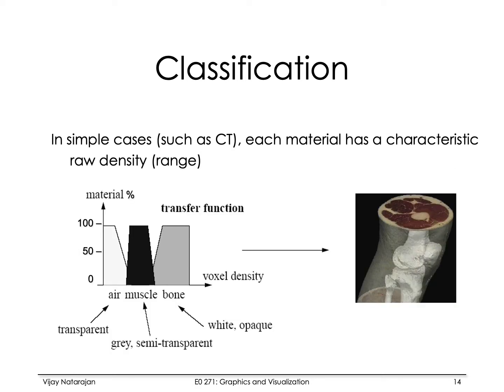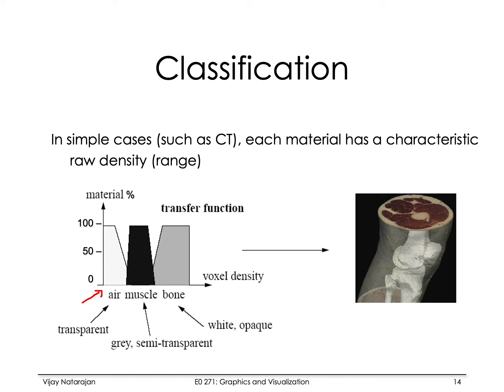In simple cases, for example, like CT, each material or each region of interest would have a characteristic density range. For example, low values may correspond to air, as is shown here in the figure.